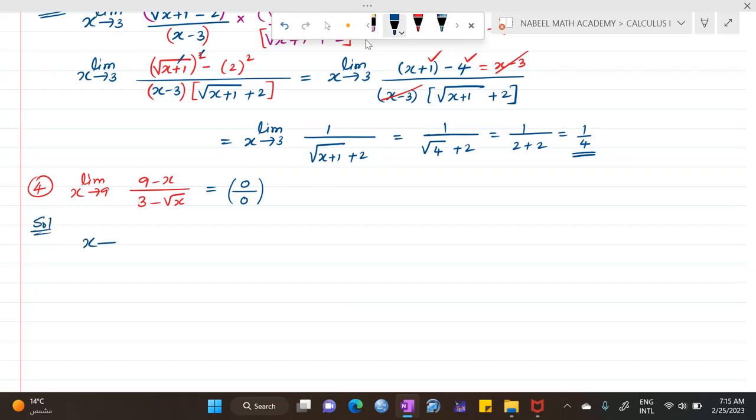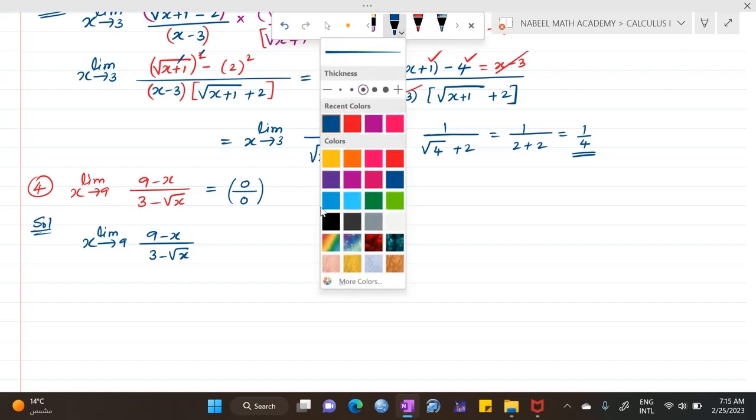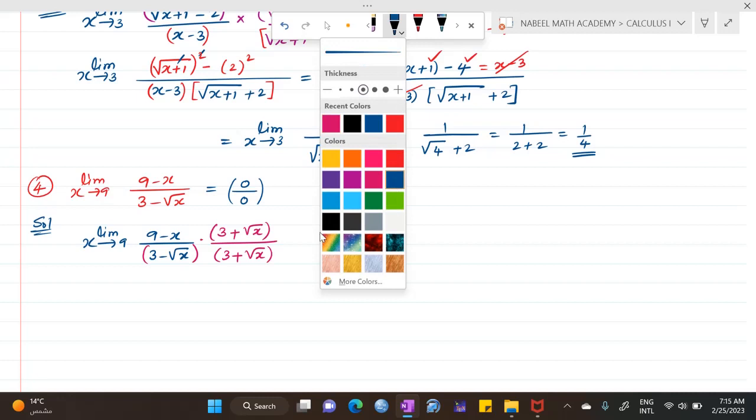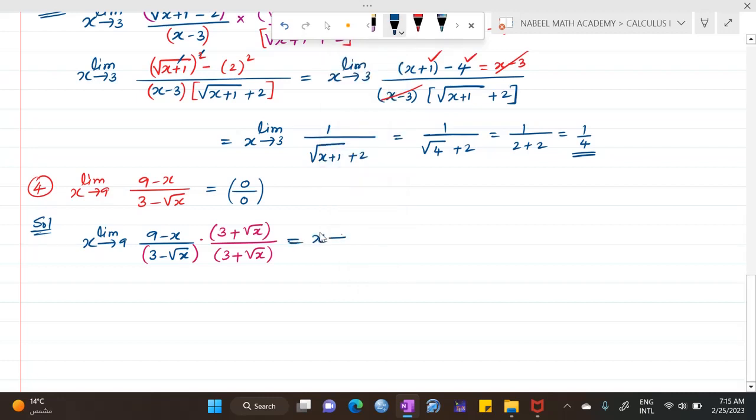So limit x approaches 9, (9 − x) over (3 − √x). Now I multiply by the conjugate. So what is the conjugate here? The conjugate of the root, not the numerator. So the conjugate is 3 + √x, and here 3 + √x, which in turn implies limit x approaches 9.